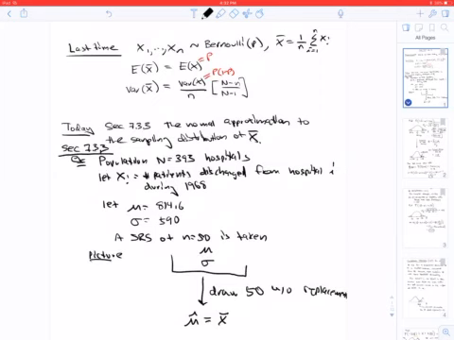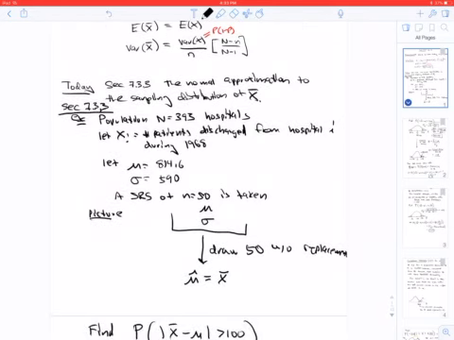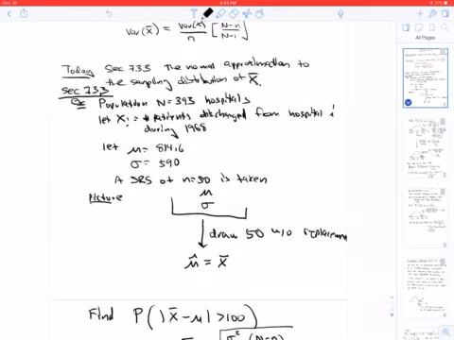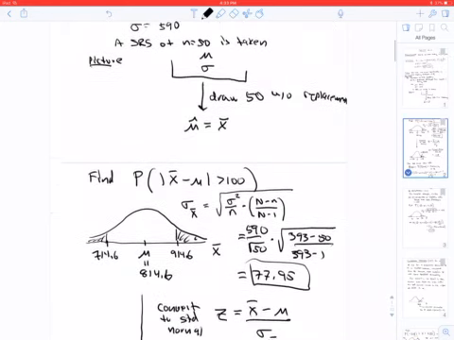Each ticket is the number of patients discharged. So clearly this is not dichotomous anymore. Here we have a lot of different numbered tickets. The mean, we're told, is 814.6, and the standard deviation is 590. So a simple random sample of size 50 is taken, and our estimator for the unknown mu is x bar.